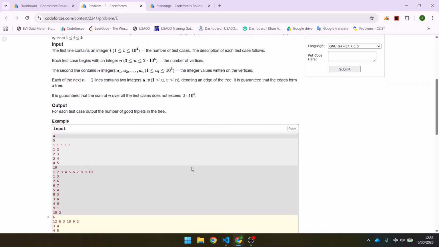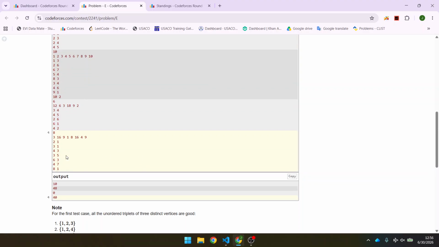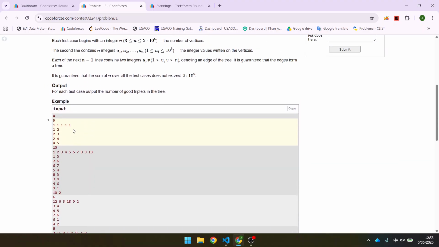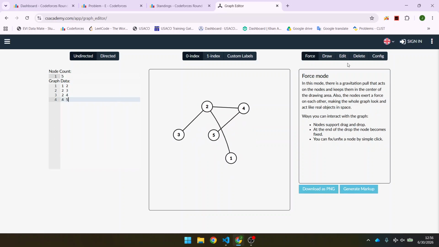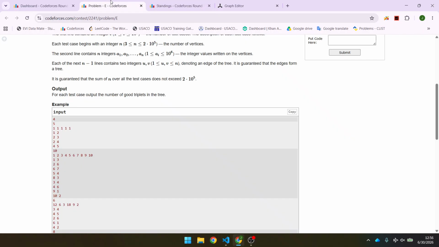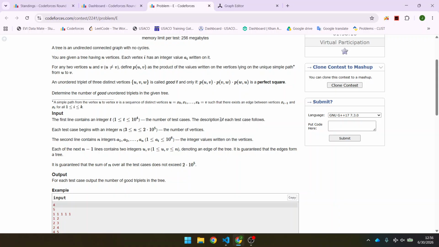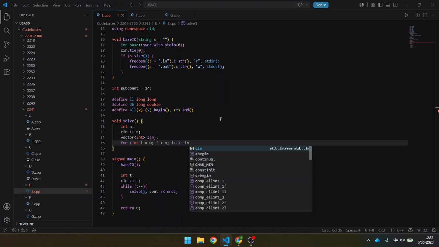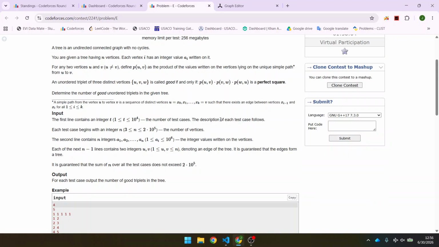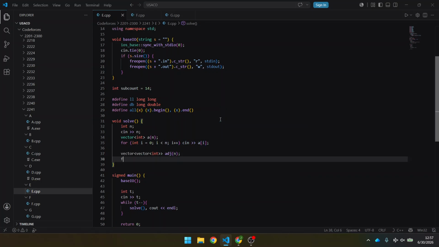Okay, so n, seeing n, vector int a of n, for i is 0, i plus plus, seeing a[i], and we have a vector adjacency list.